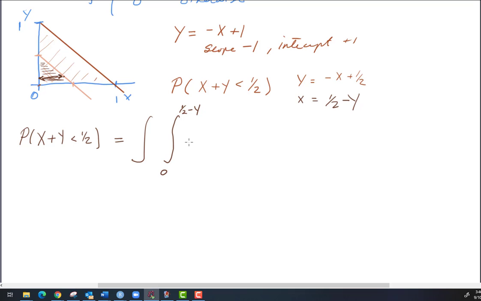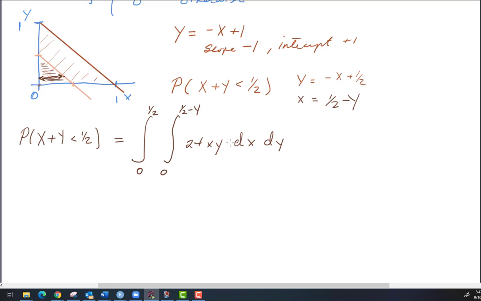And this would be f of x, y, and that f of x, y is the function over this interval. It's the function, forgive me, I forgot, but it's 24xy. And then I'm going to integrate with respect to x, followed by with respect to y. And the limits on y would run from 0 to 1/2.